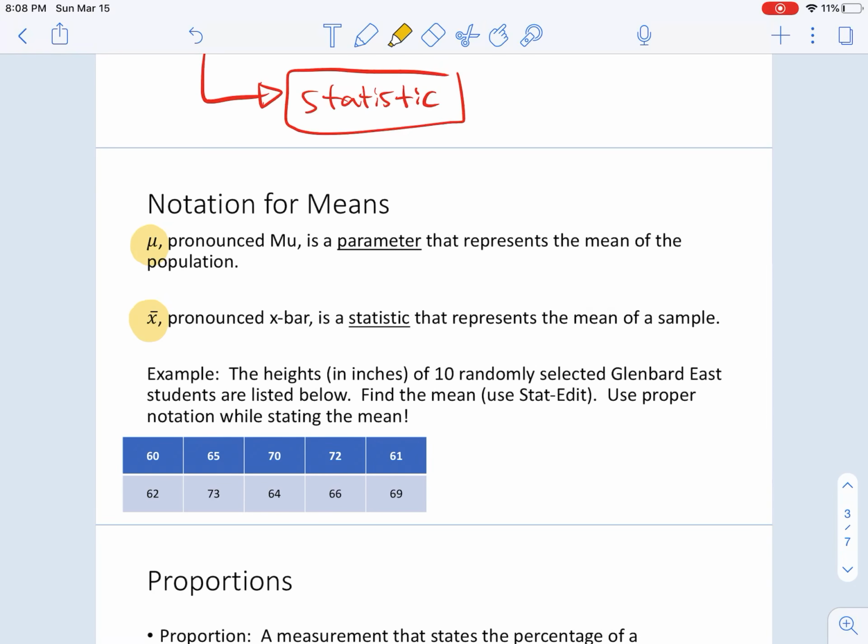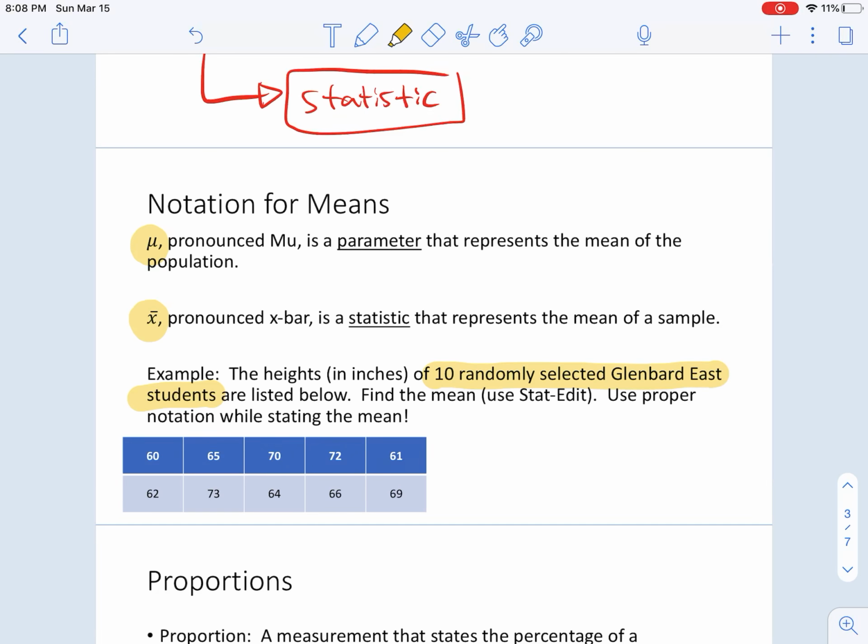So, what we're going to do is find the mean of this set of data down here, and we're going to use proper notation to state our answer. So first of all, we need to know how to find this, and we're going to use our calculator to do that. And second of all, we're going to need to know what to name it. So this says the heights in inches of 10 randomly selected Glenbard East students.